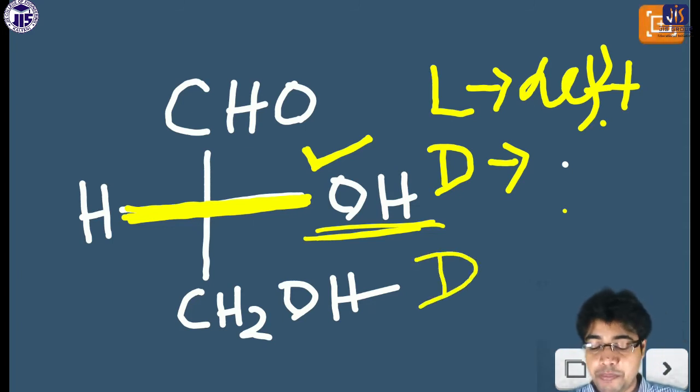Okay, so this is a simple example of a carbohydrate. But if the chain is long, then how can we give the name D or L?